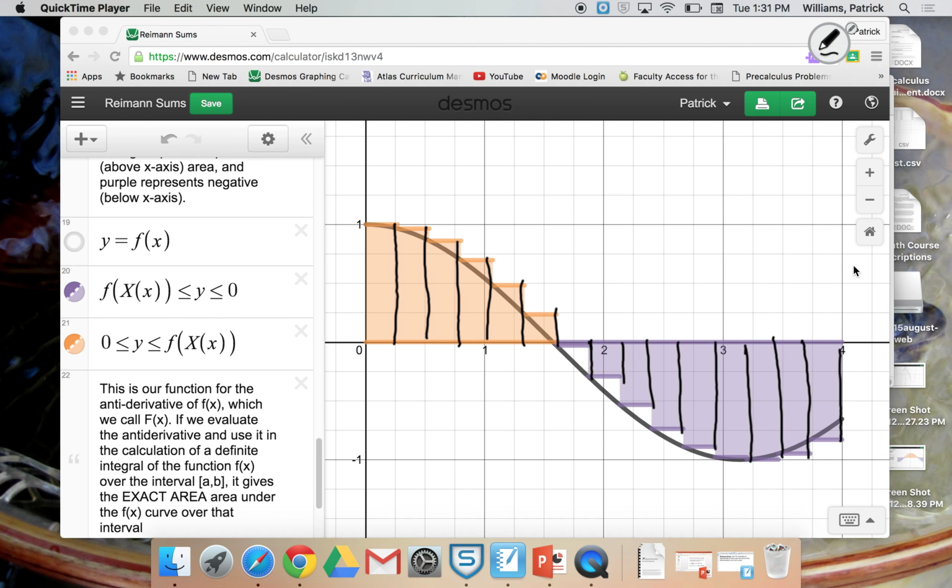Okay, so a different type of Riemann sum is called a right Riemann sum. If we look at that, we'll see it looks very similar, but we just shift everything over. So now, instead of the left point on the rectangle touching the curve, it is the right point on the rectangle which touches the curve, which is also the point that dictates what height we are going to use when we calculate the area of our particular rectangle.